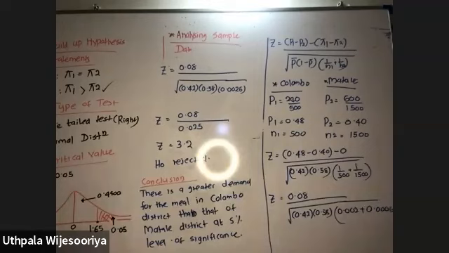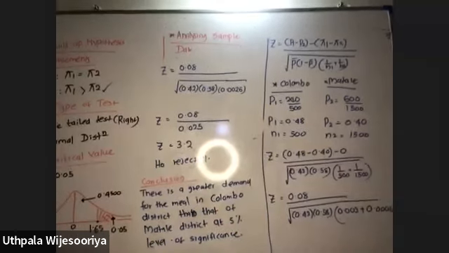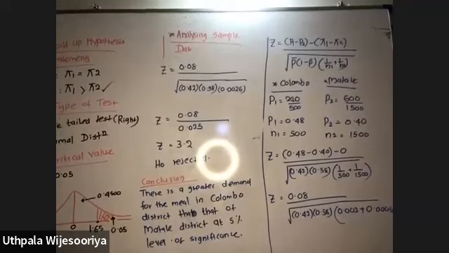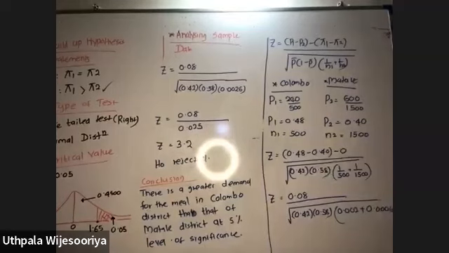Do you have the note? Just tell me whether you have the note or not. Yes, madam. Okay, let's start that. Chi-square distribution is another 20 marks question.